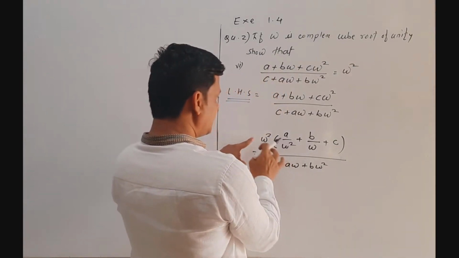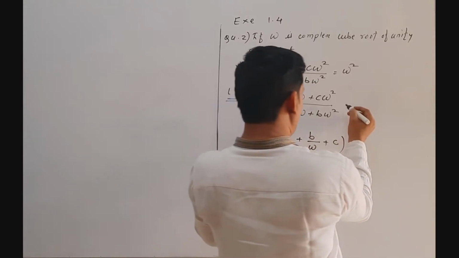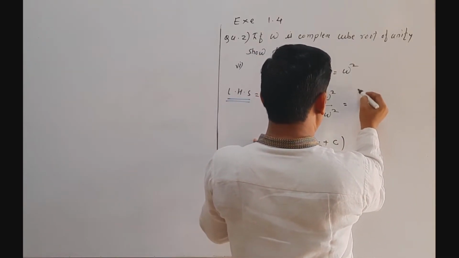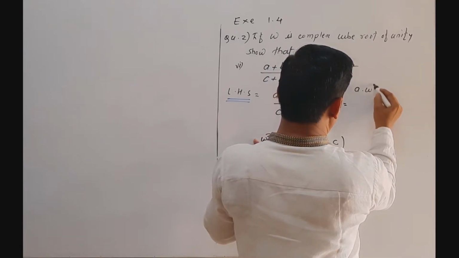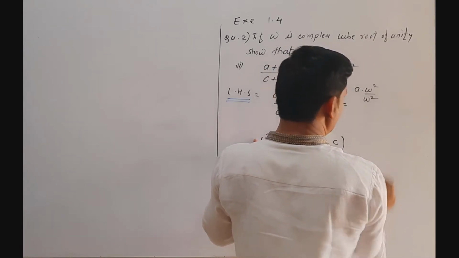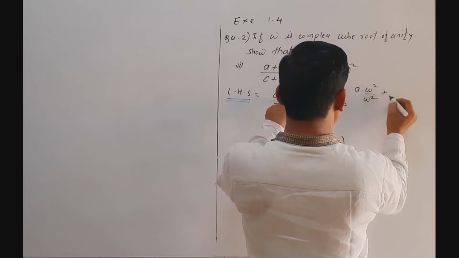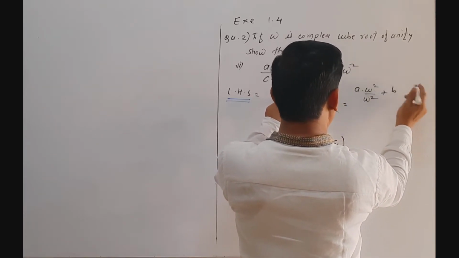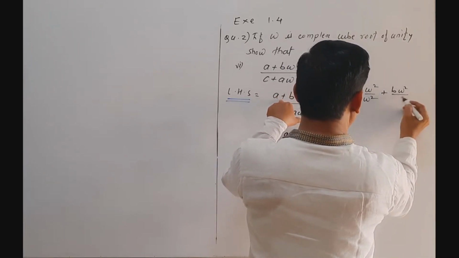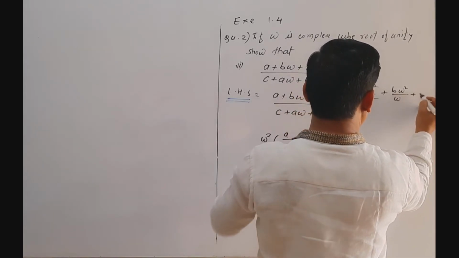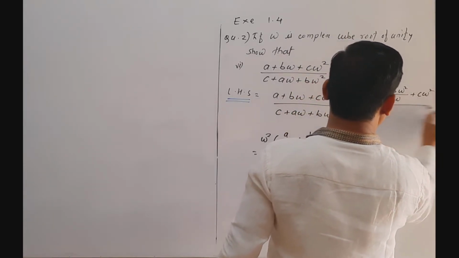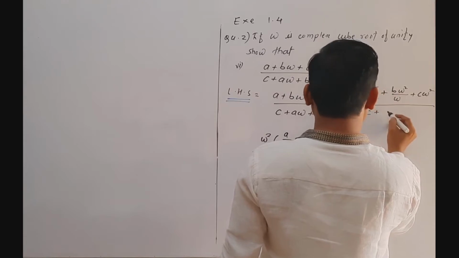If you don't understand this step, you can write this as aω²/ω² plus, we multiply and divide by ω, bω²/ω, plus cω² as it is, upon the denominator as it is.